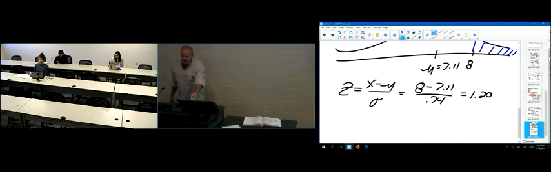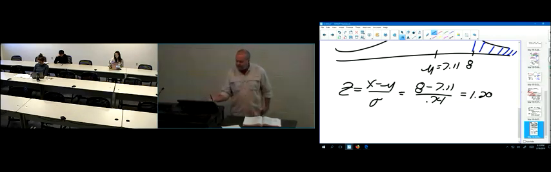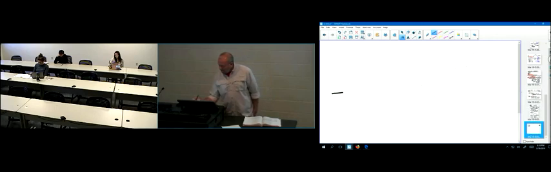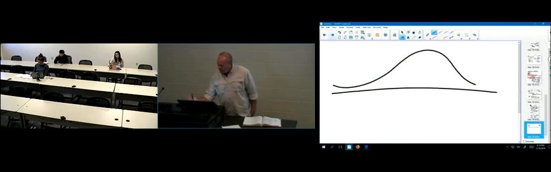I always want to make sure you check your sign here to make sure you did the subtraction correctly, so we read the table correctly. That should have been positive because 8 is bigger than 7.11. So, I draw you the standard normal. You know it's a standard normal because I label it like that.